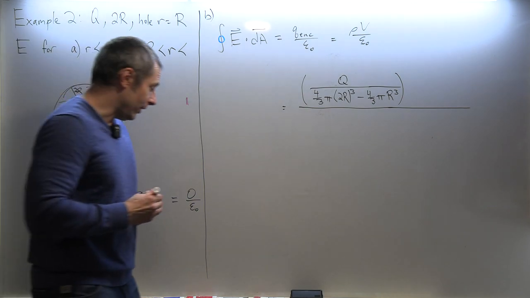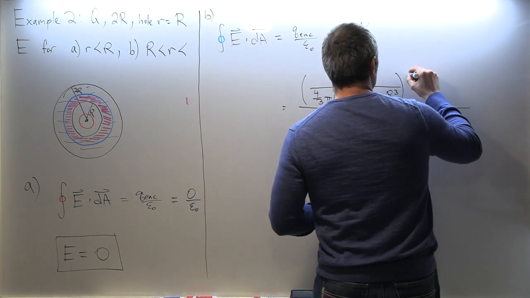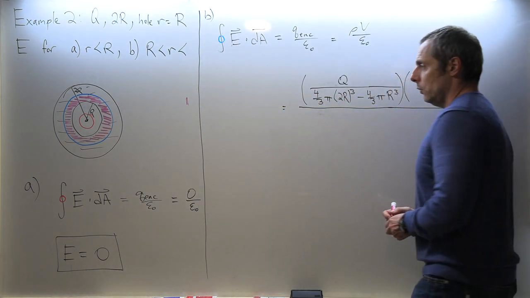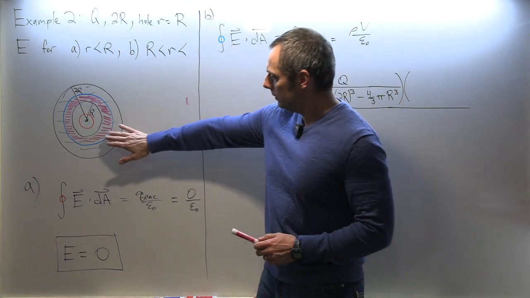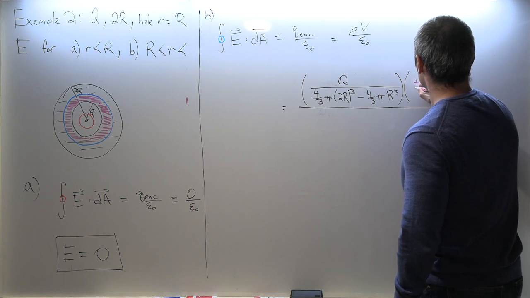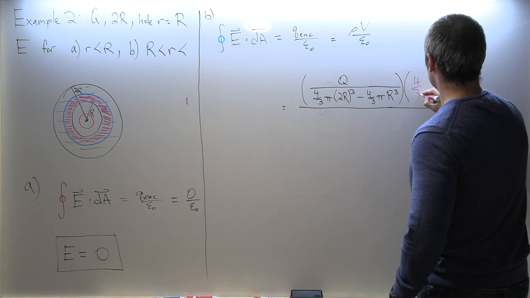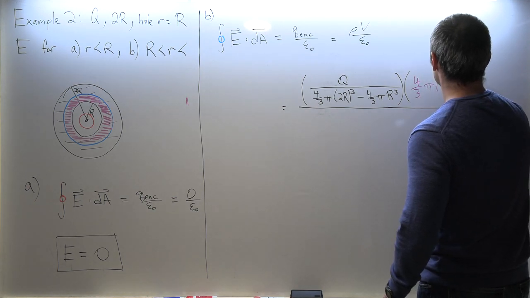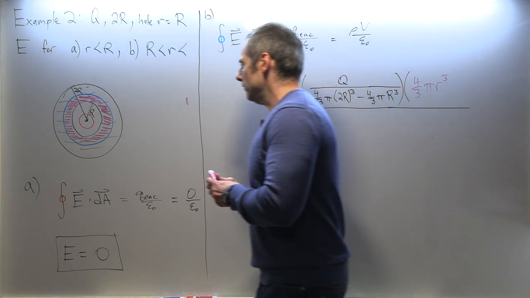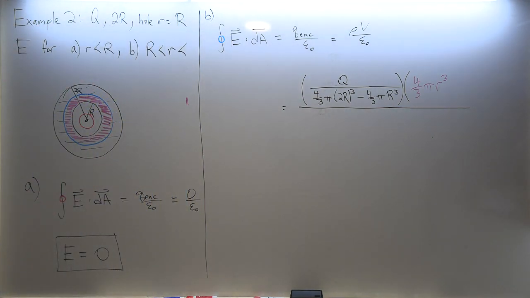So, what's that volume? Well, it's going to be similar to this. We can say it's the total volume of our Gaussian surface, or our Gaussian sphere, a little bit bigger. So 4/3 pi little r cubed.